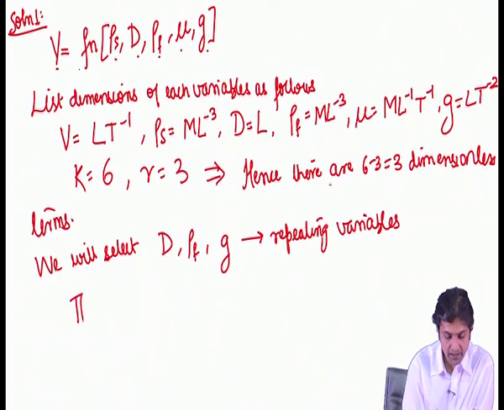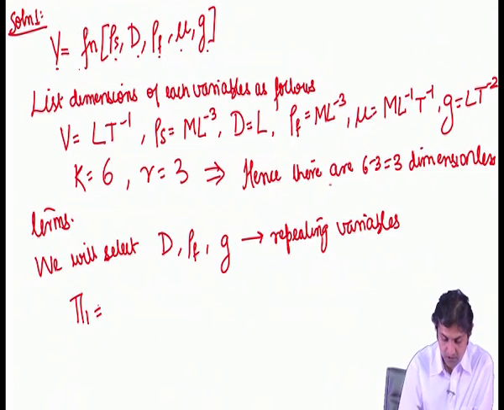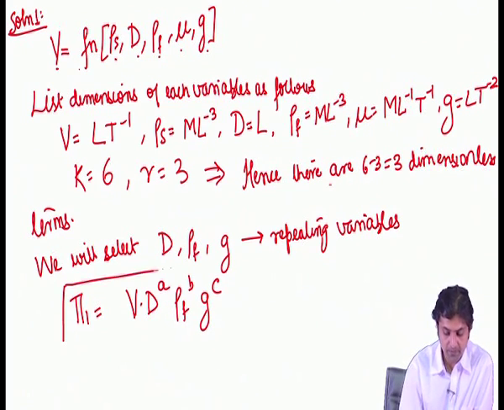So, first pi term can be written as, so what terms are remaining? V is remaining, right? Rho s is remaining and mu is remaining. So, the first term is going to be V into d to the power a, rho f to the power b and g to the power c. Okay. So, this is the first pi term.